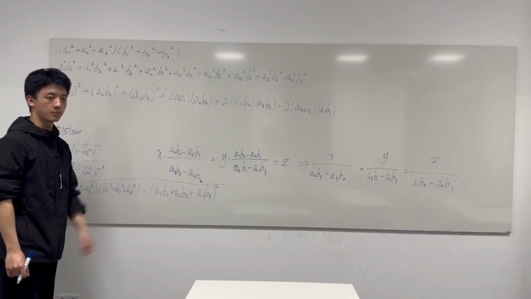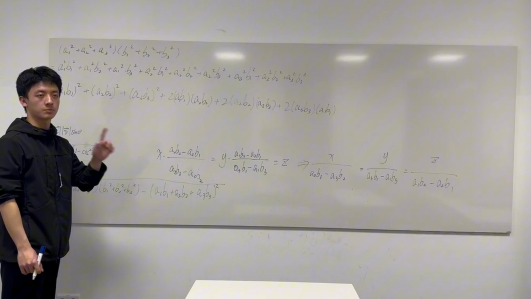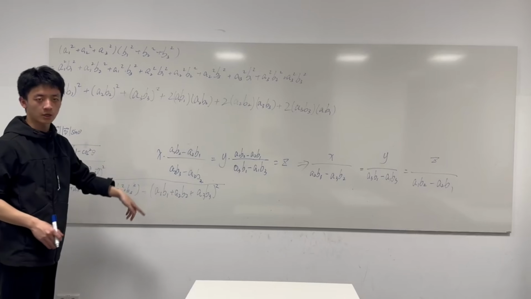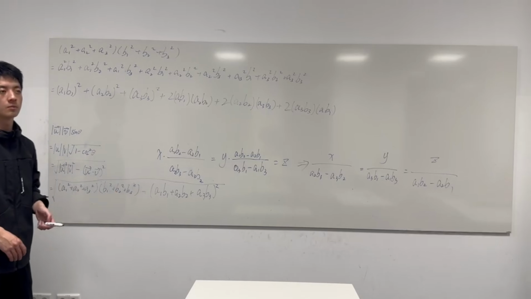We can expand this by the formula (a plus b) squared is equal to a squared plus 2ab plus b squared, but it's 3 terms, so we have to expand it more times.